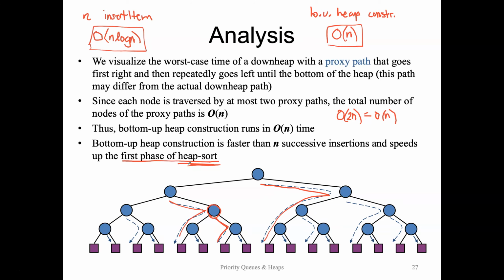And that second phase doesn't improve at all. N calls to remove min, when each call to remove min costs log n, the second phase will cost a total of big O n log n time. So we kind of improve heap sort, but this is only the first phase of heap sort. So heap sort will still be n log n, but we can at least construct the heap faster.